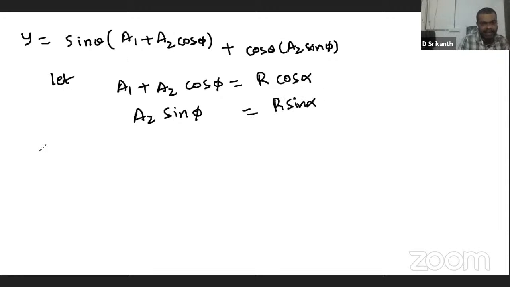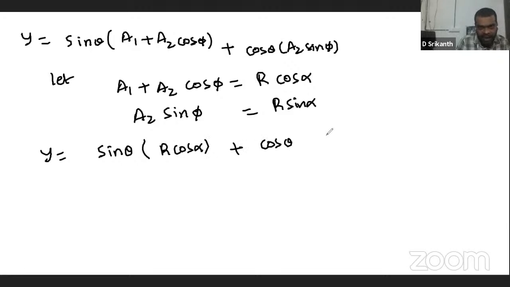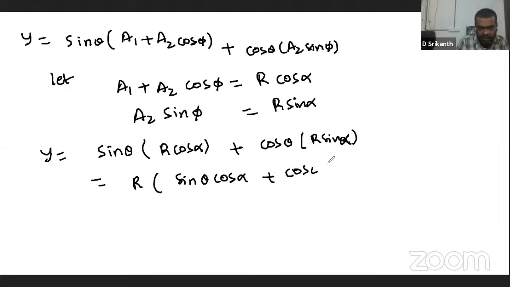So I'll replace it. Y equal to sine theta into r cos alpha plus cos theta multiplied by r sin alpha. So if we consider r common, sin theta cos alpha plus cos theta sin alpha. How can I write?